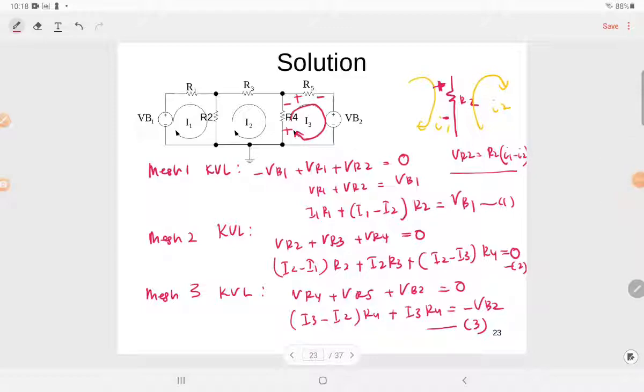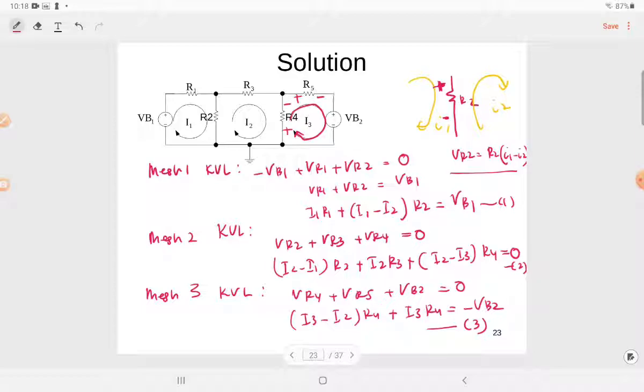Hopefully you can get the concept, which is that we are applying the KVL equation around the loop. First, you need to identify how many meshes you have in the circuit, then assign the current direction for every mesh, and then write the KVL equation for every mesh. Be careful with a resistor that has more than one current flowing through it.